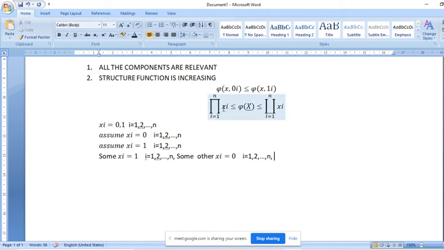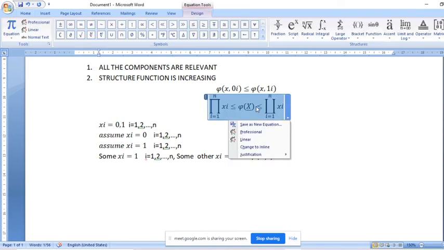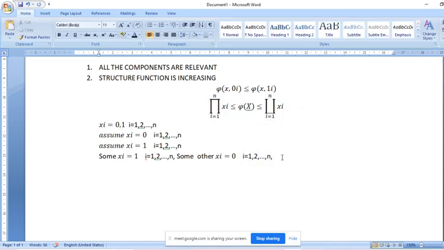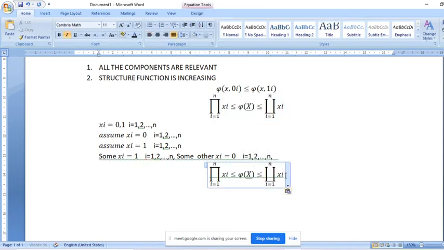At the same time, phi of x may be 0 or may be 1. Okay, so there are two situations. In this case the product is always 0, and at the same time phi of x can be 0 or 1.